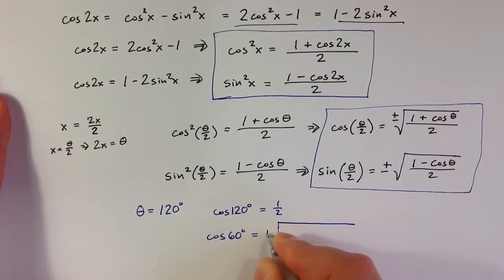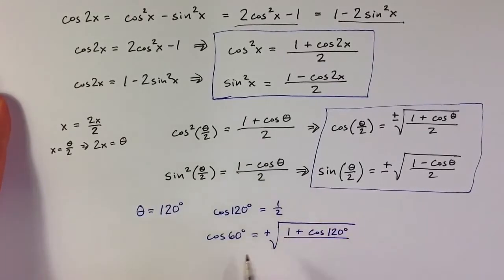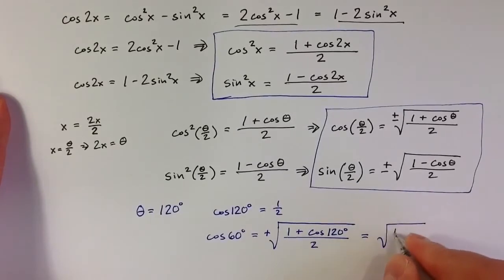So I'm going to take the positive square root, and I get 1 plus cosine of 120, where 60 and 120 have that relationship where 60 is half the angle 120. And I know that the cosine of 120 is 1/2. So I have the square root of 1 plus 1/2, divided by 2.